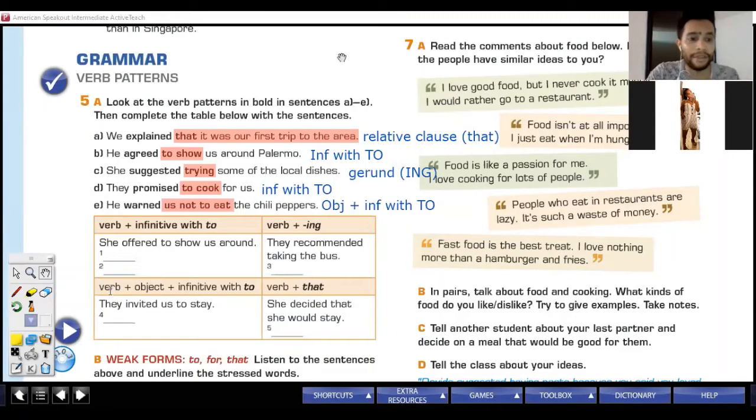Number 3, we got the verb plus an object. I repeat again, an object is the person or the thing or whatever that receives the action, plus an infinitive form. Like they invited us to stay. In the case of the negative form, just like in the example letter E, we can use the particle not before the infinitive.